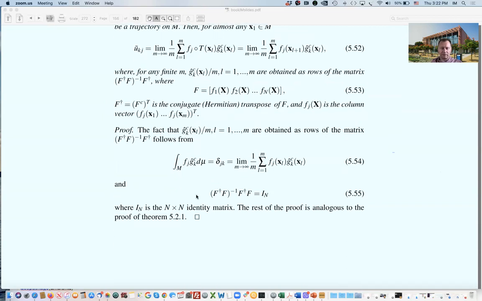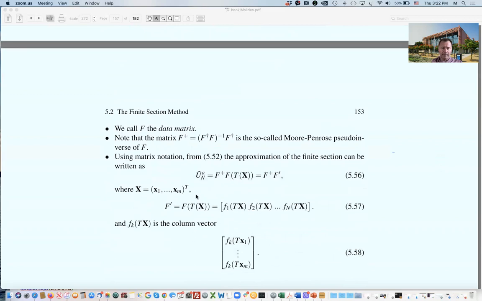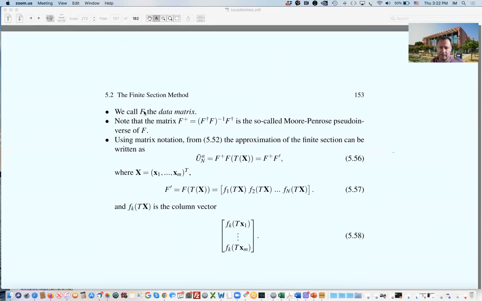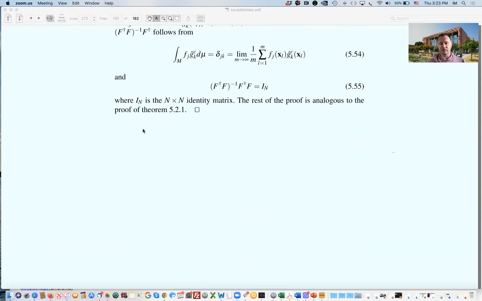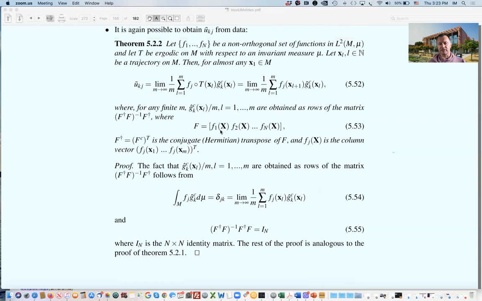So, as I mentioned, we call F the data matrix, and then this matrix F plus, which is F dagger, F inverse, F dagger, is called the Moore-Penrose pseudo-inverse of F. The reason why it's called the pseudo-inverse is that F, of course, does not have to be a square matrix. It has n components in this direction, m components in this direction.